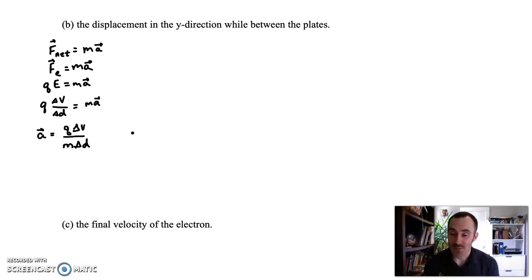Our mass is 9.11 times 10 to the negative 31 kilograms, and our displacement is 0.05 meters. And when you do all of that, you get an acceleration of 6.49 times 10 to the negative 4 meters per second squared.